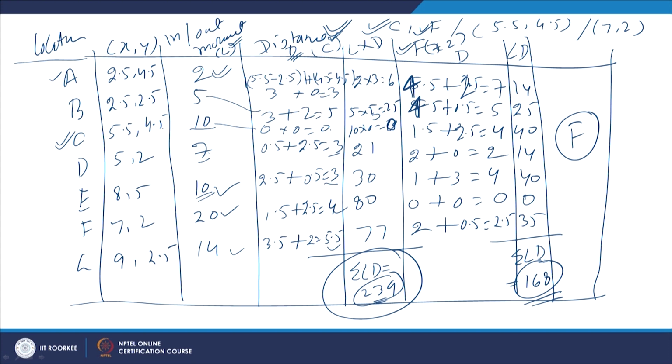So, in this case basically the different sites which are to be considered for selection of a location, their coordinates are identified with reference to some point.